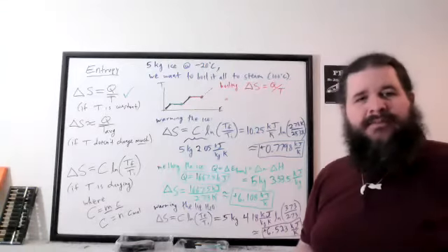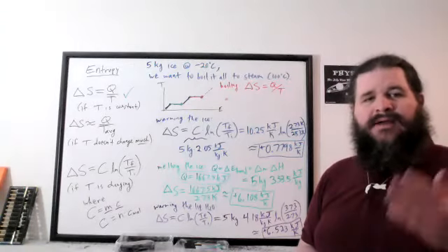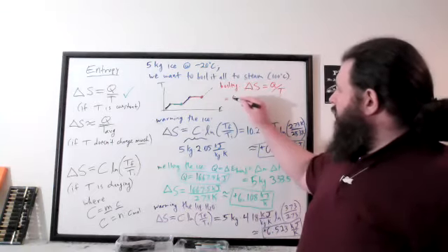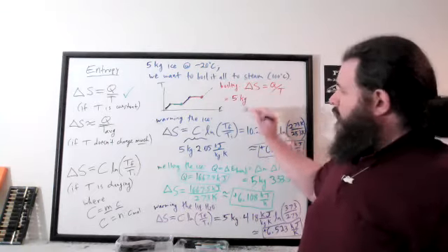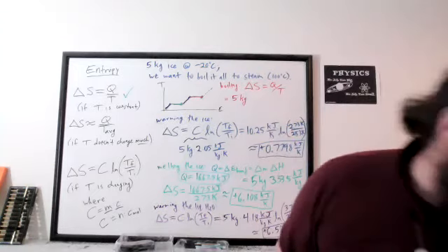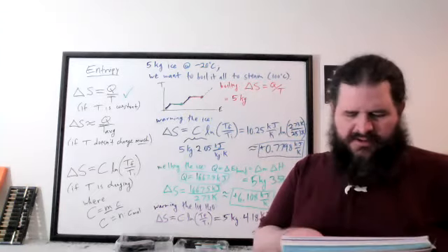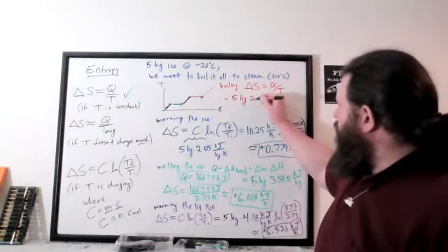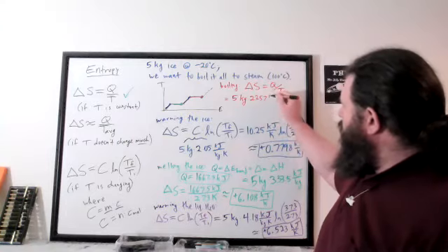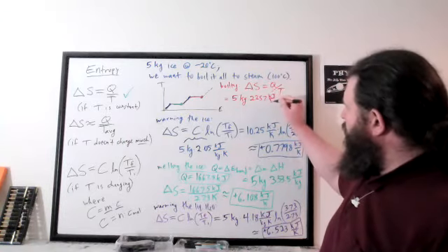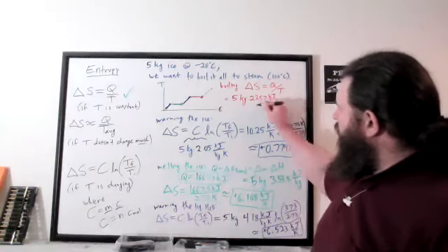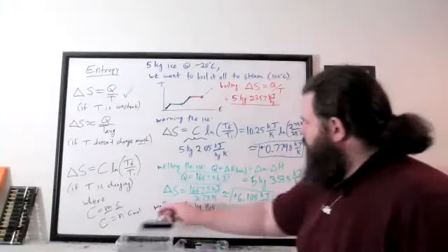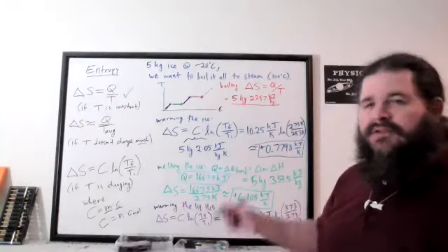Heat, once again, is just going to be delta E bond, so we can still just multiply the mass times the latent heat. Mass, 5 kilograms. And then the heat of boiling for water vaporizing. Water, heat of vaporization, 2257 kilojoules per kilogram, divided by the temperature, 373 Kelvin.